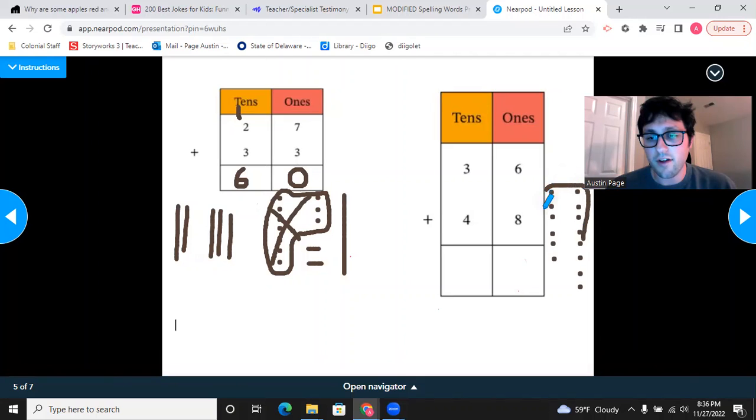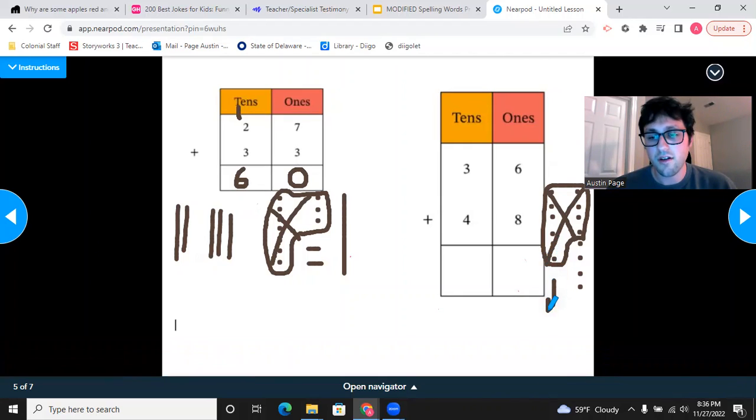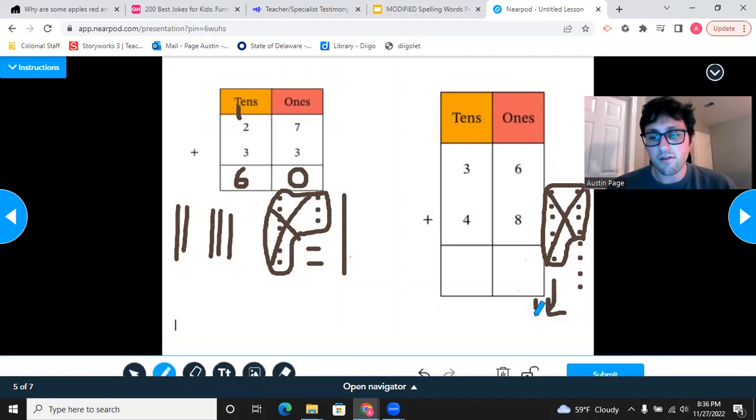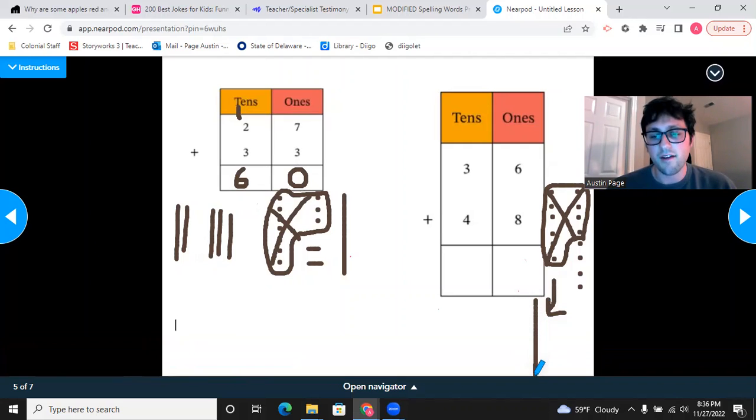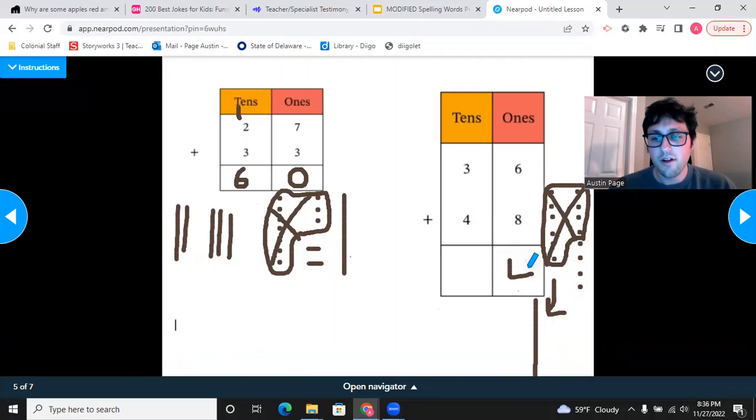Here's 10. If I circle those ones, pull them aside, instead of keeping them as ones, I'm going to change them to now be one of these guys, 1 ten. So when I did that, how many ones do I have left over? I have 1, 2, 3, 4 that are still out here.